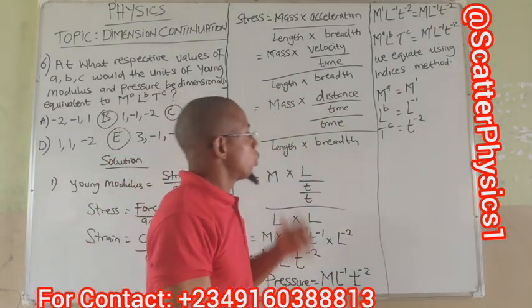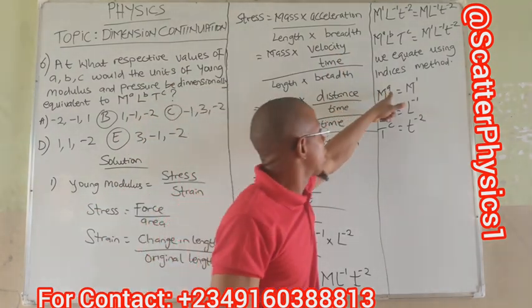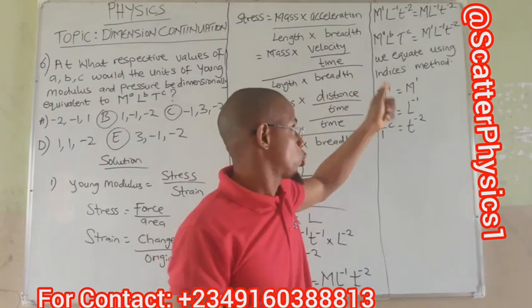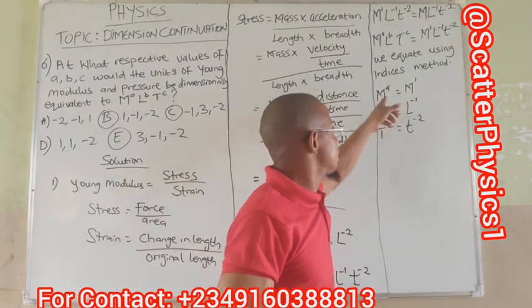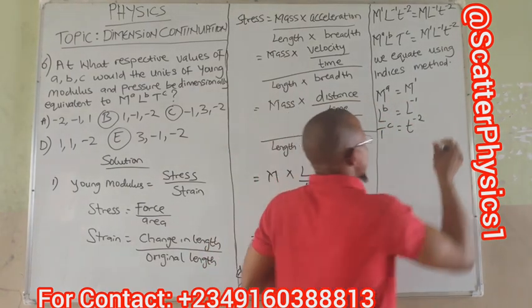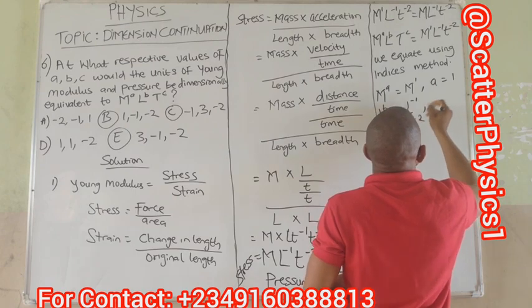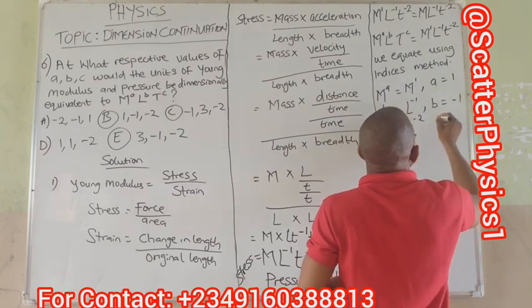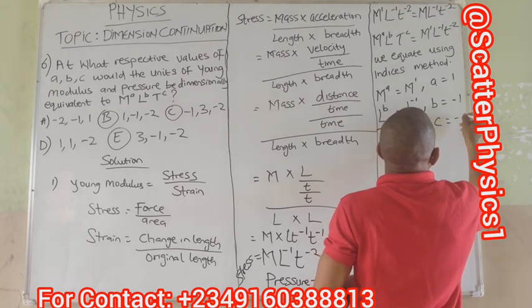When we talk about indices, we talk about raised to power. So the indices give us A equals 1, B equals minus 1, and C equals minus 2.